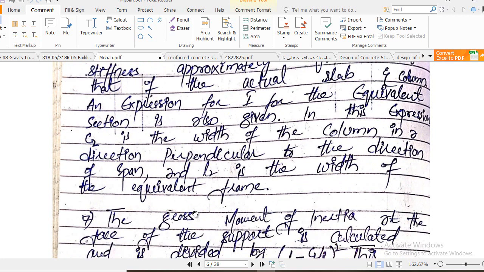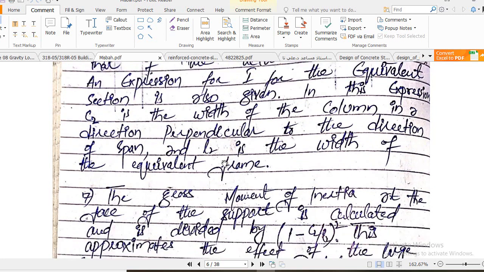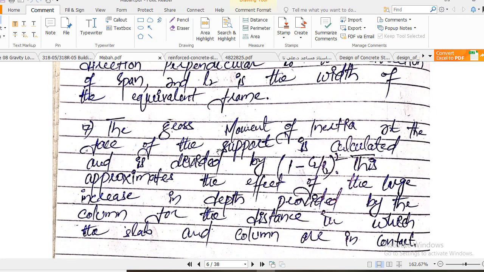In this expression, C2 is the width of the column in the perpendicular direction. The gross moment of inertia at the face of the support is calculated and is divided by this factor. This is very important. So you will see these basic concepts. This approximates the effects of the large increase in depth provided by the column for the distance in which the slab and column are in contact.